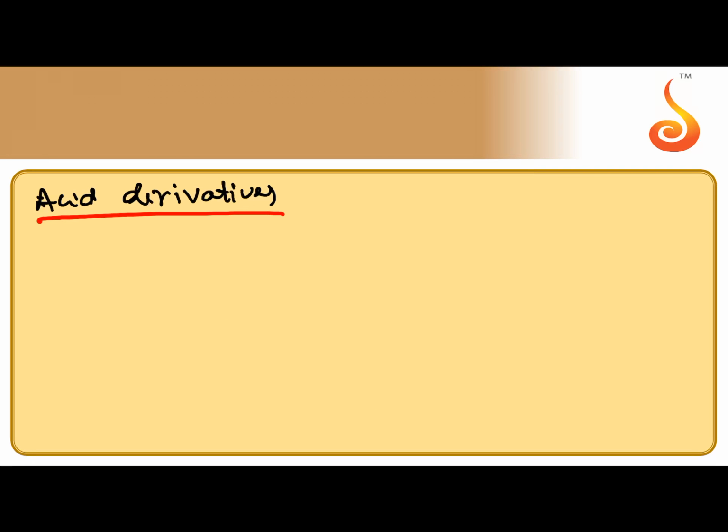Next, acid derivatives. These are the compounds which are derived from carboxylic acid, COOH. From this carboxylic acid, we can get 4 types of derivatives. Suppose you remove OH.